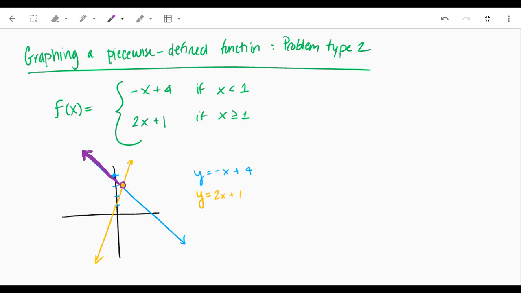And then the right piece, I'm going to be on the yellow one, if x is greater than or equal to 1. So I'm going to fill in my arrow here, but it's also equal to 1. So I'm actually going to have a closed circle right on top of that open circle. So the purple graph is my final answer.